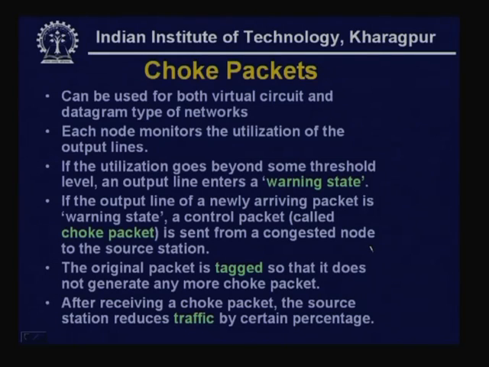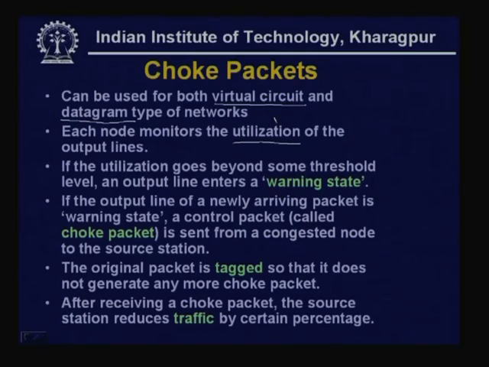Second approach under the closed loop control technique is choke packets. This approach can be used both in case of virtual circuit as well as datagram type of networks. Each node monitors the utilization of the output line.